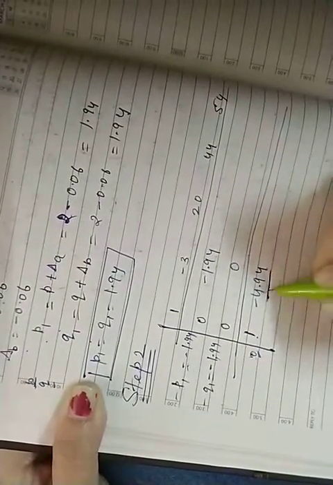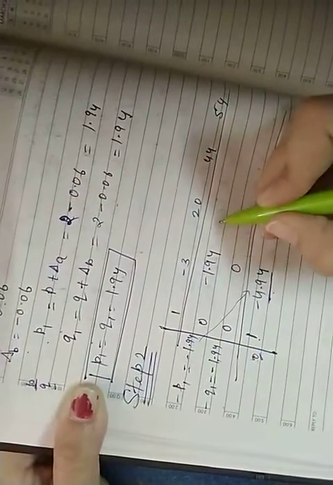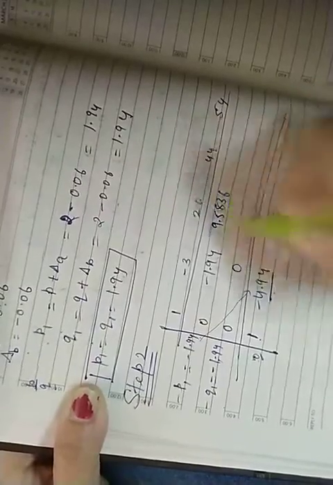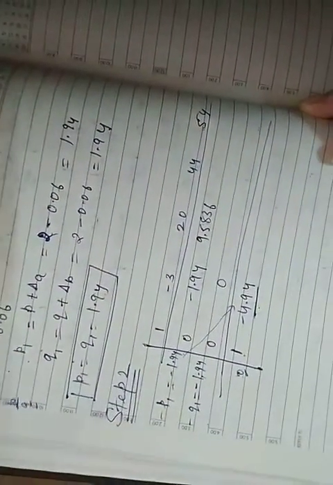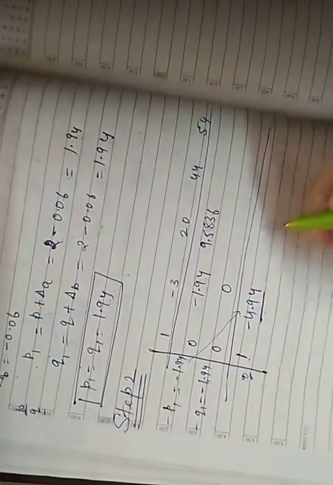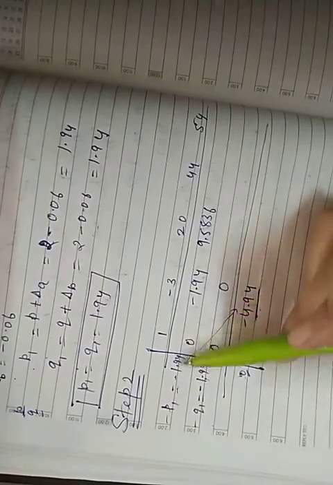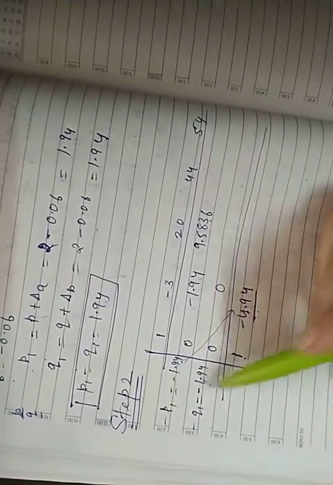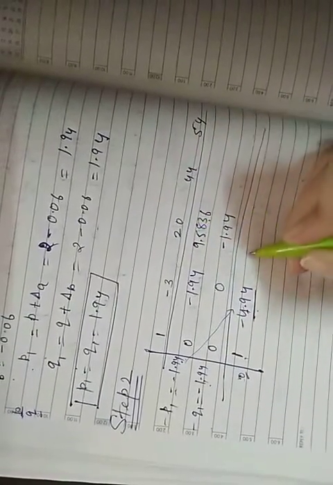Again the given answer multiplying with P, minus minus plus, it becomes 95836. You have to use the calculator to calculate these numerical values easily. So we have multiplied this into this is equal to this. Again the previous value multiplying by Q, that is minus 1.94.